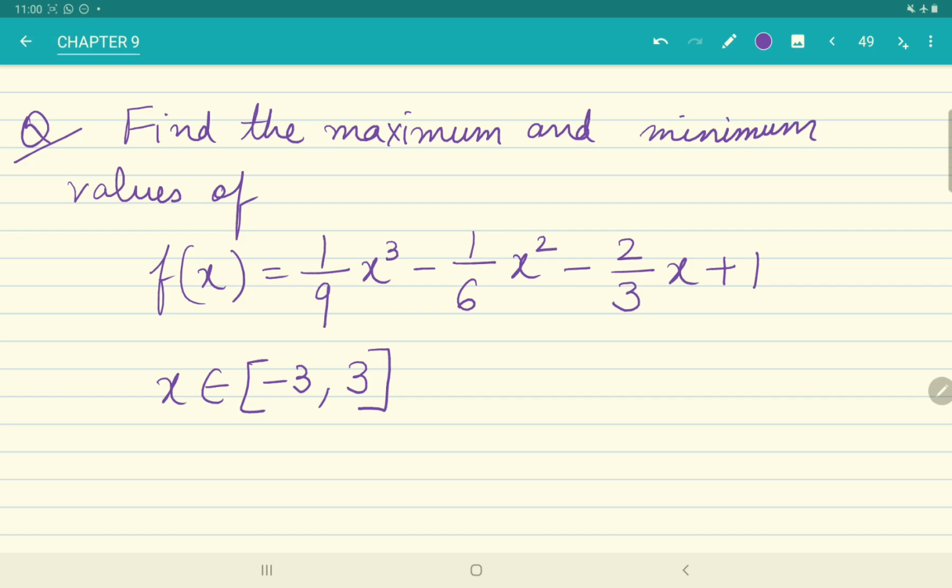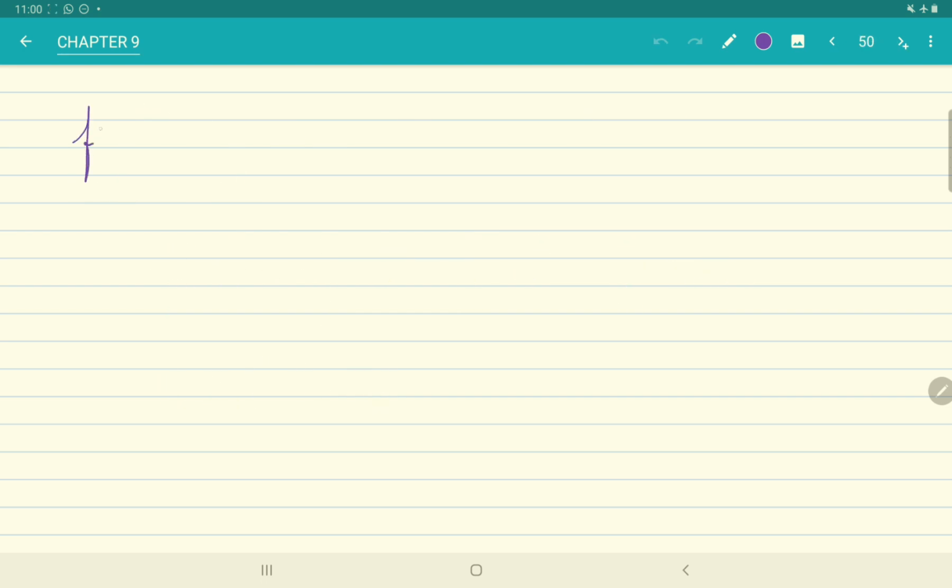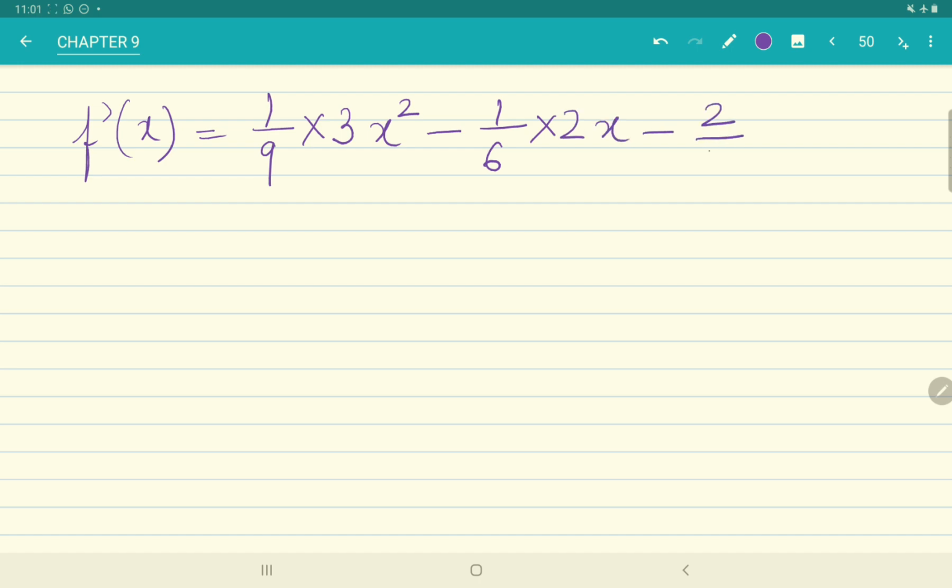Clearly, I know that the function is differentiable everywhere. So the first step is to calculate f'(x), and I know that f'(x) is going to be equal to 1/9 into 3x squared minus 1/6 into 2x minus 2/3.